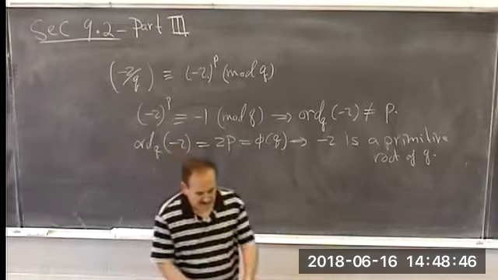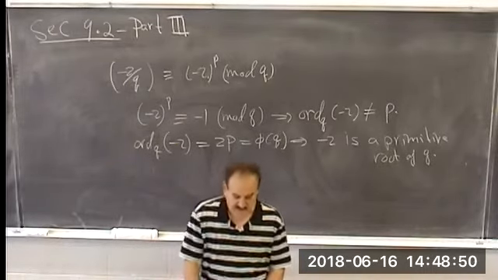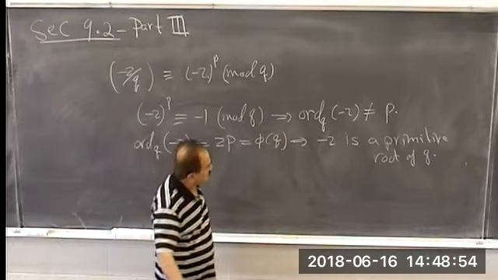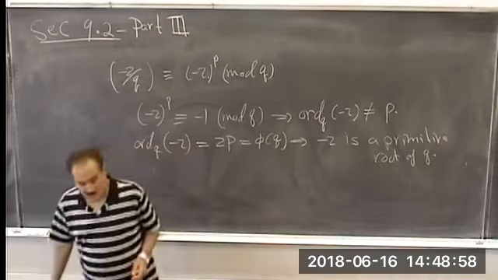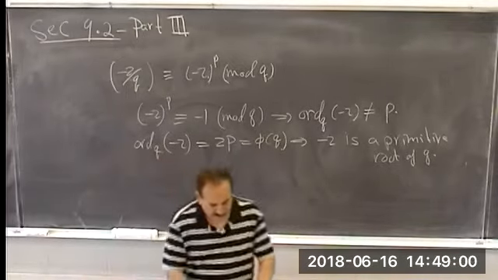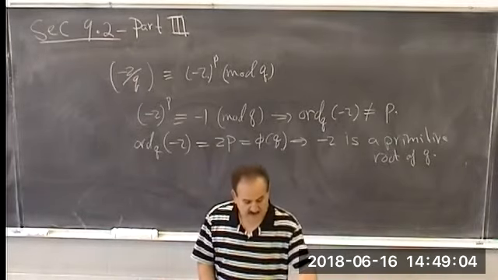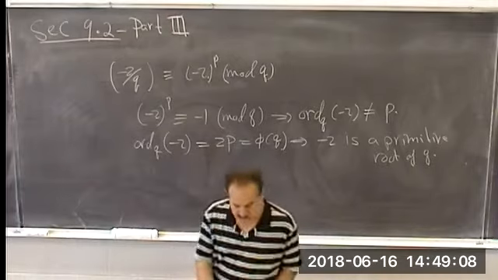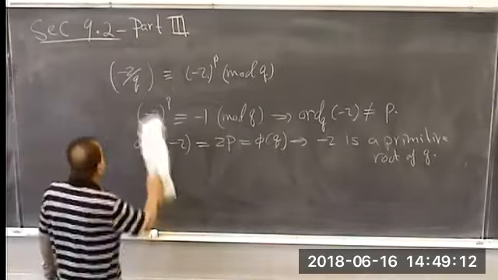Now, theorem 9.8, I did prove this one, it is actually the second part of our lecture on section 9.2. Now I want to give another version of Gauss's lemma, which actually makes the computation of the Legendre symbol easier. All right.